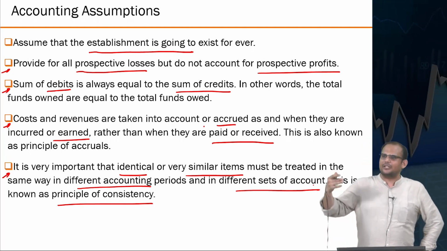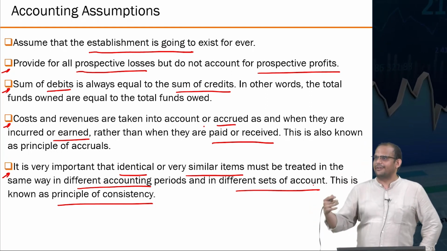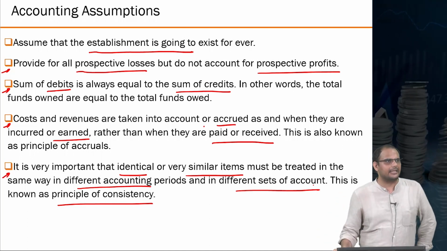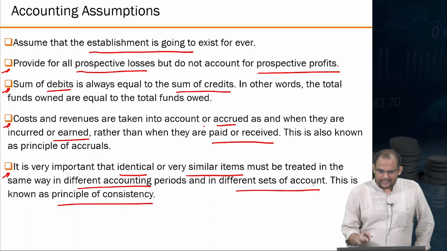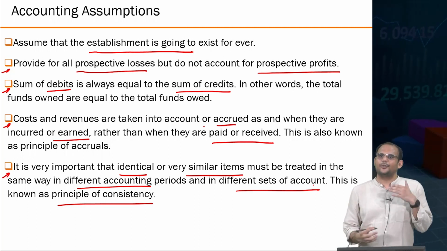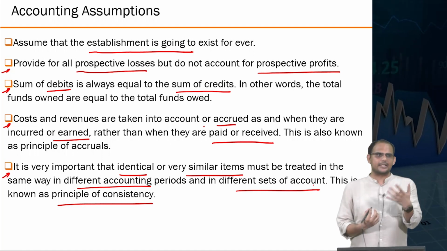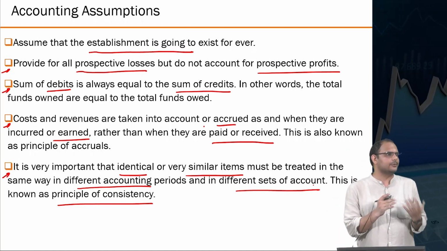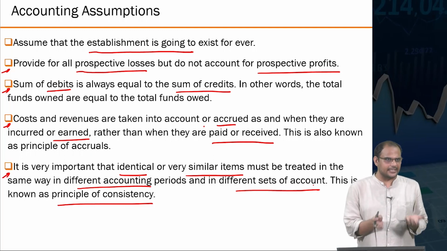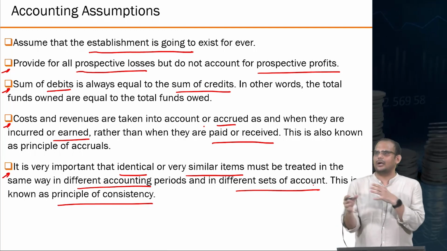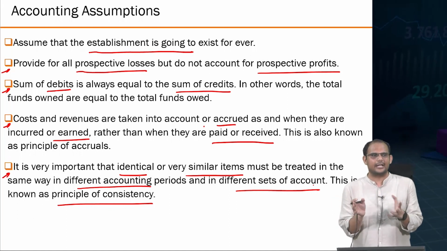If you keep on changing your accounting norms very frequently, people will not be able to compare the numbers and then they cannot make a judgment. Again, this is a principle. You cannot 100% enforce it because, as I told you, business keeps on evolving and accordingly you need to have different things. But you try to maintain consistency across the time periods and across the different types of accounts.